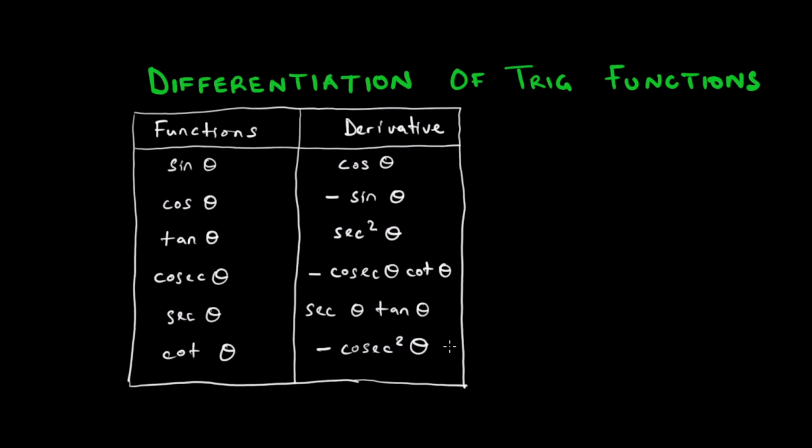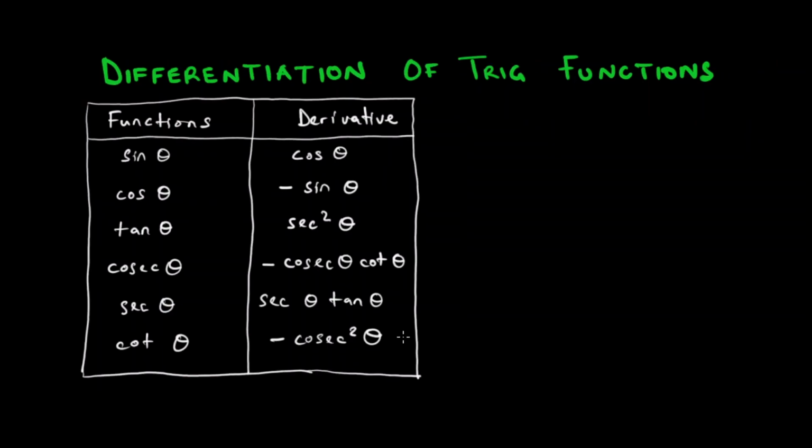So this is the table of standard results. We have functions on our left, derivatives on our right. That means the derivative of sine theta is cos theta, the derivative of cos theta is minus sine theta, the derivative of tan theta is sec squared theta, the derivative of cosec theta is minus cosec theta cot theta, the derivative of sec theta is sec theta tan theta, the derivative of cot theta is minus cosec squared theta.